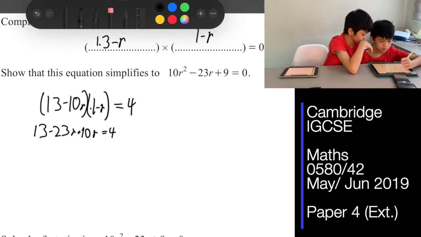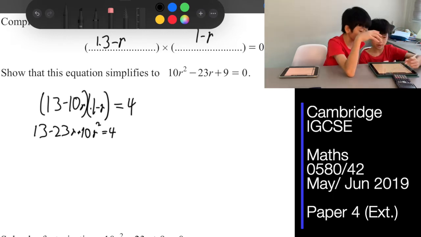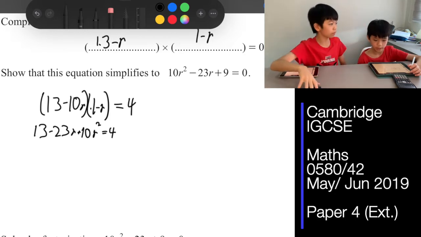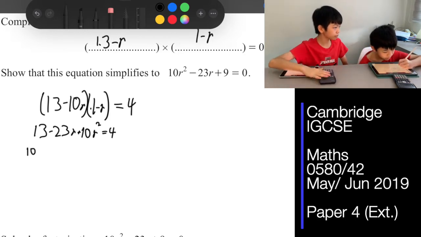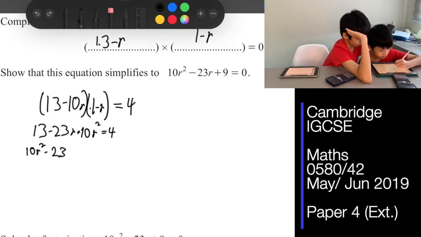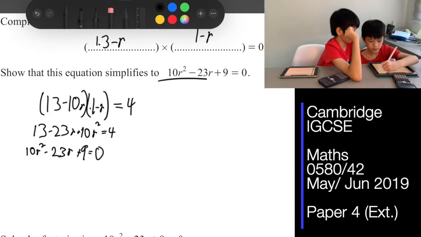So 13 minus 4 should be equal to 9. So then 10r squared minus 23r, 13 minus 4 equals 9, plus 9 equals 0. There.